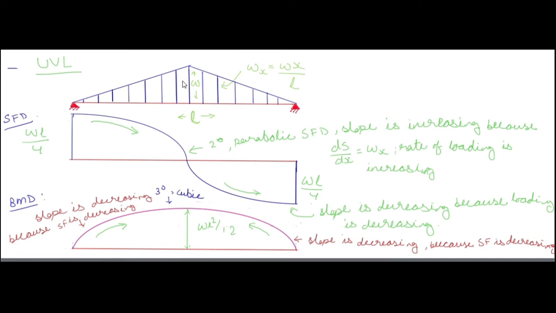Similarly, from the midpoint as you go towards the right end, the slope is decreasing because the loading is decreasing. However, the shear force is increasing from 0 to WL by 4. It's minus WL by 4, but it doesn't matter, the magnitude is increasing. So from 0 the magnitude increases and reaches WL by 4 at the right end.